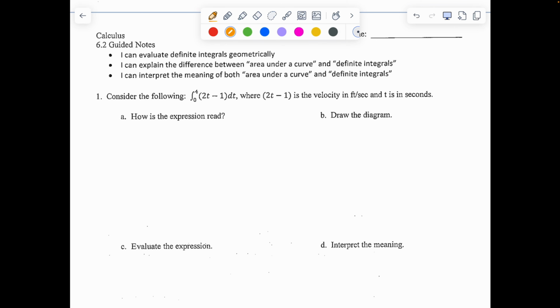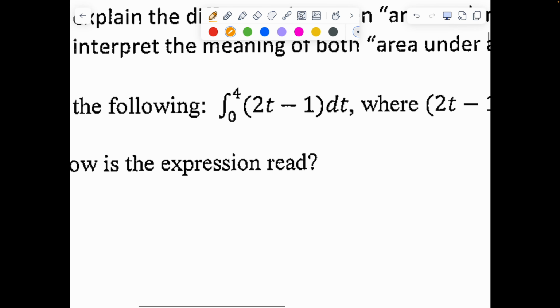Okay, so here we go. Are you ready? We're about to discuss what an integral is. This expression right here, that nice little curly thing, looks like a cursive F with no line in it.